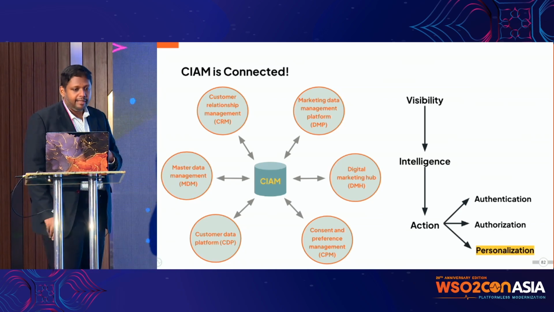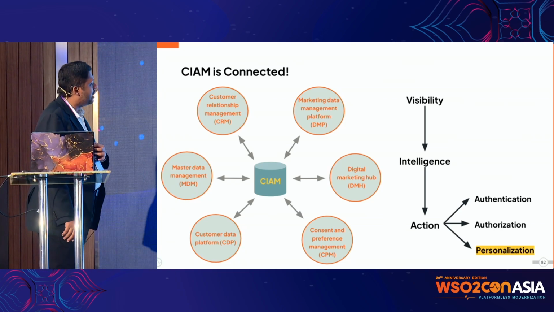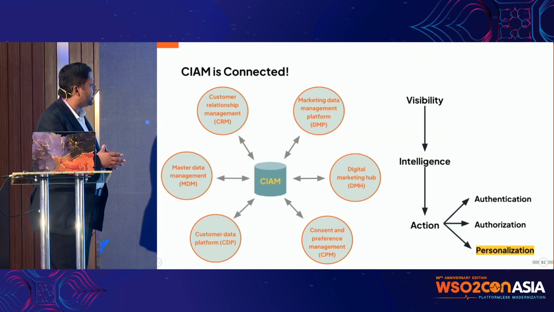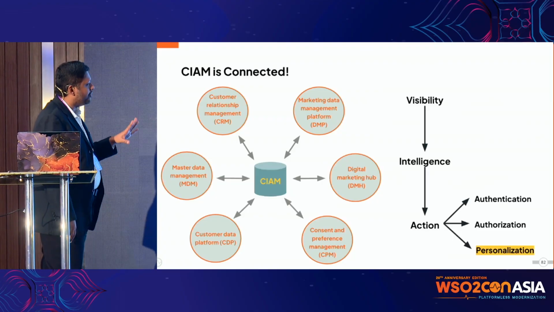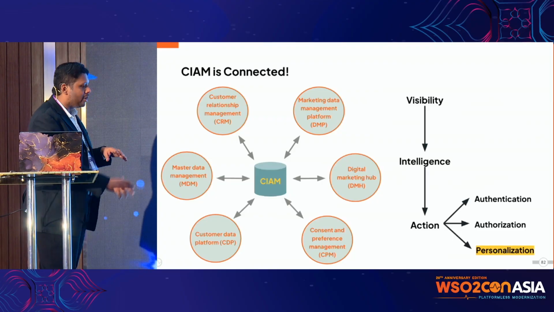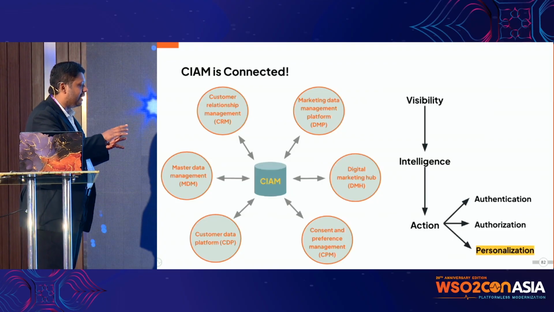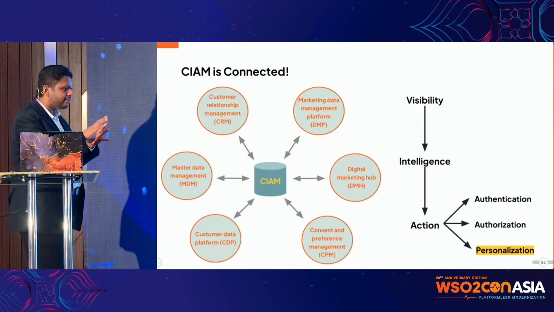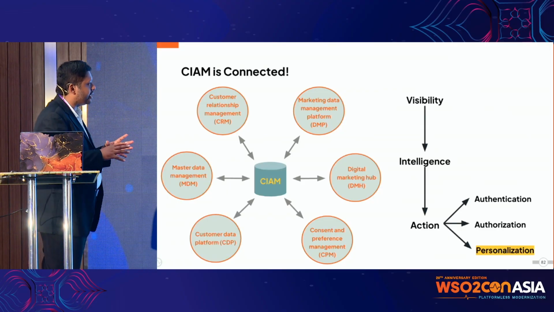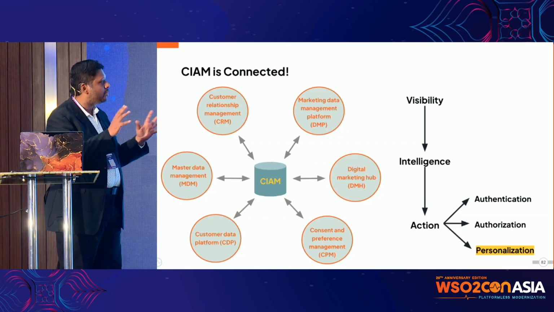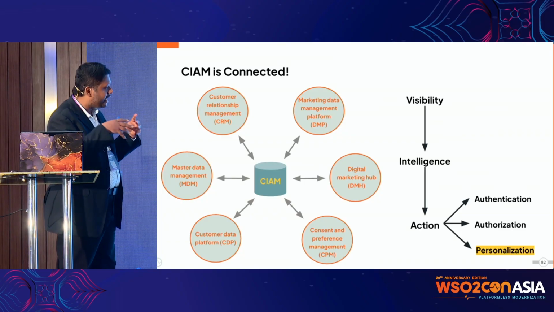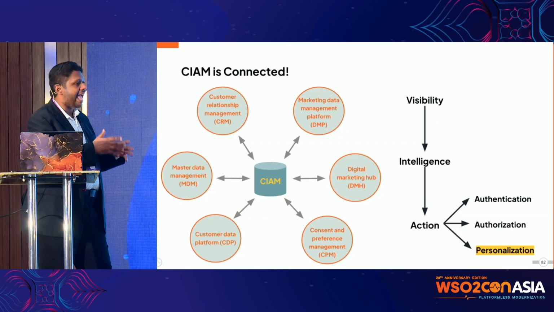Then we talk about CIAM. CIAM is a very connected architecture. CIAM connects to various systems, as I said. Because customer data resides in many systems, we need a lot of integration and aggregation. We need visibility into customer data, and then we need to be able to build intelligence and action on top of that.